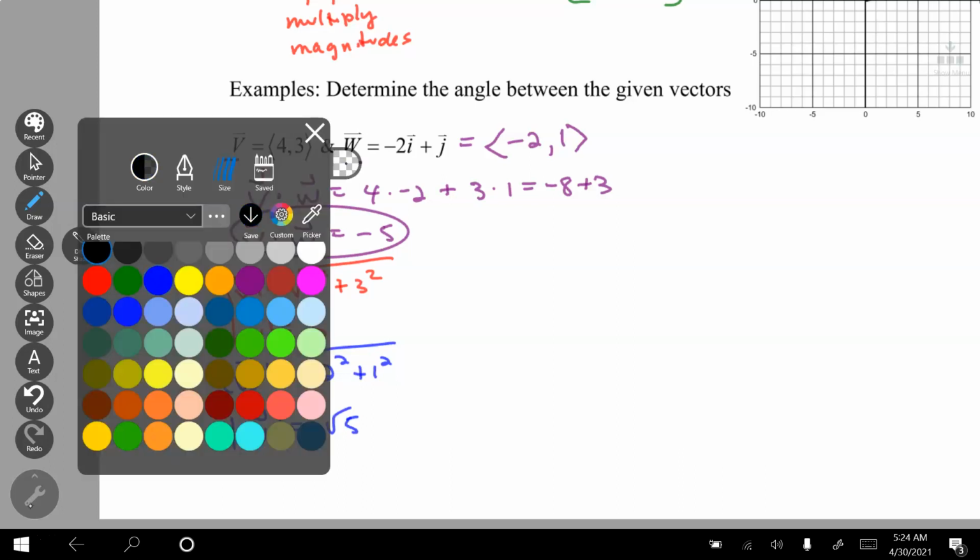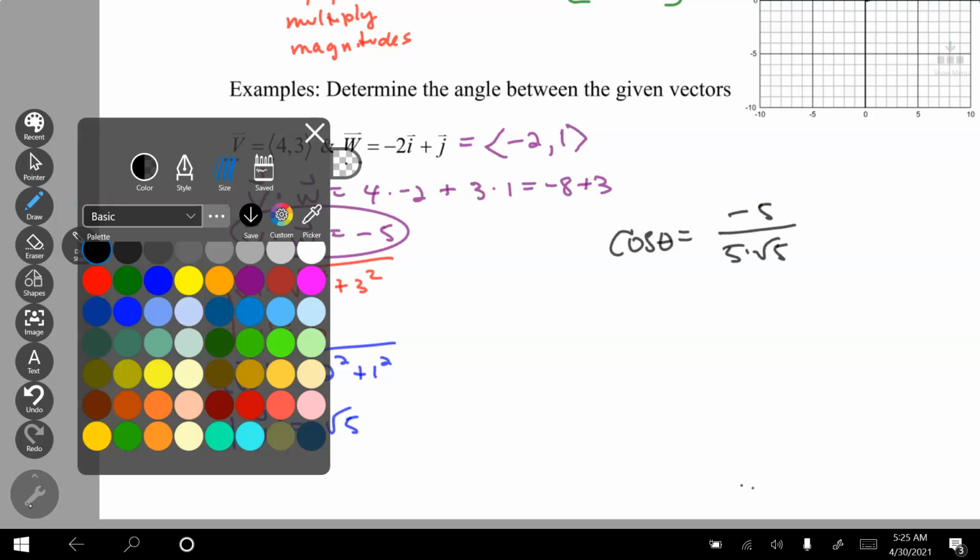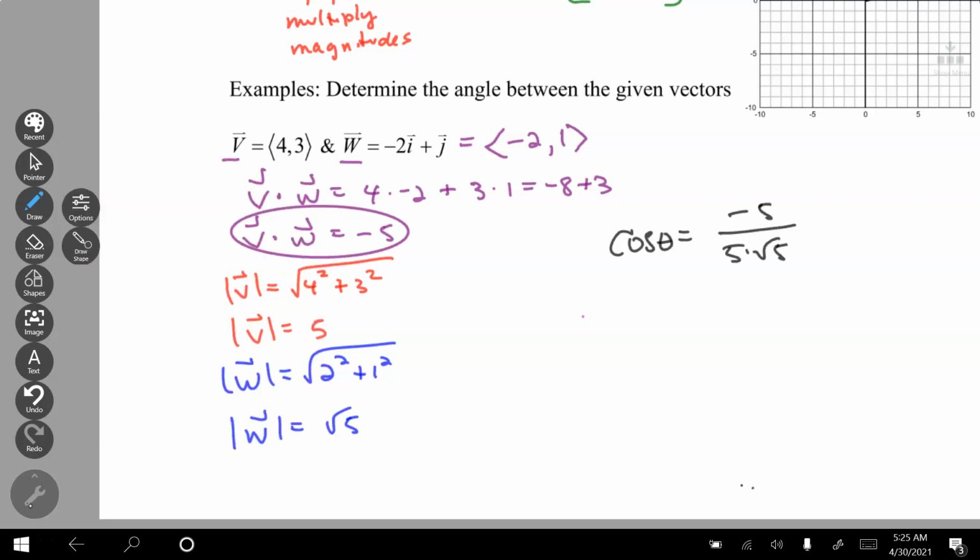So when I'm done, I could do cosine theta is equal to -5 over 5 times the square root of 5. Or better yet, theta is equal to inverse cosine of -5 over 5 square root 5.